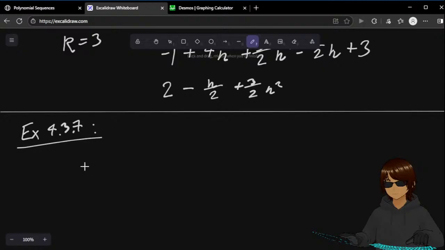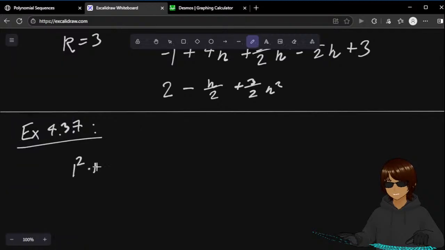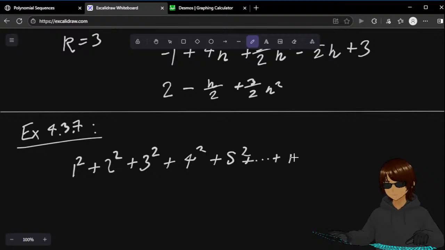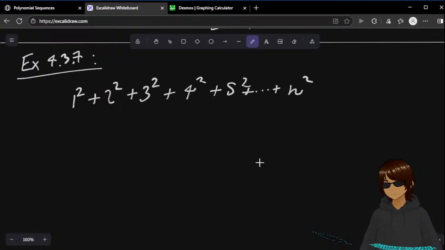So 1 square plus 2 square plus, then a 3 by 3 space, a 4 by 4 space, a 5 by 5 space, all the way till n square. K square plus k plus 1 square.